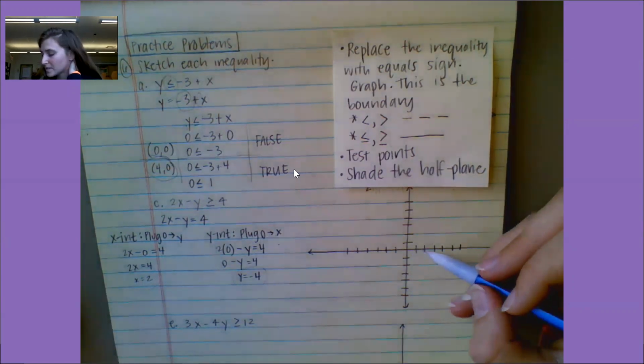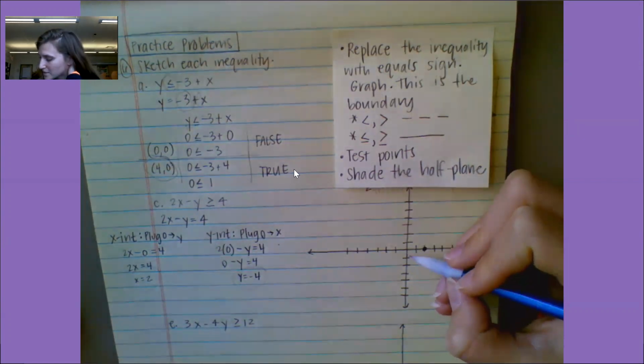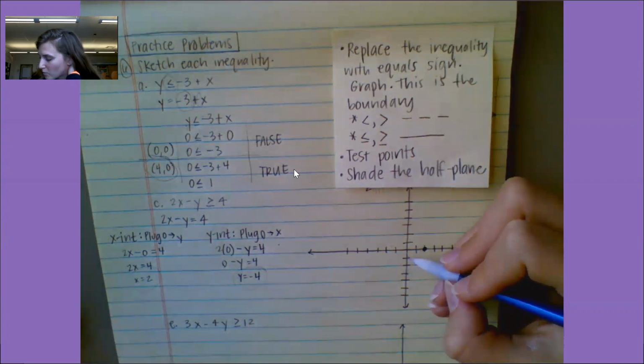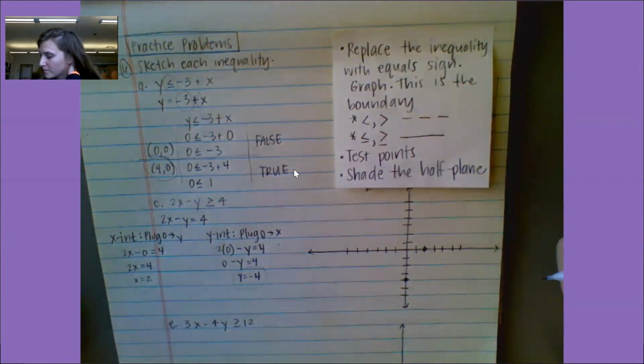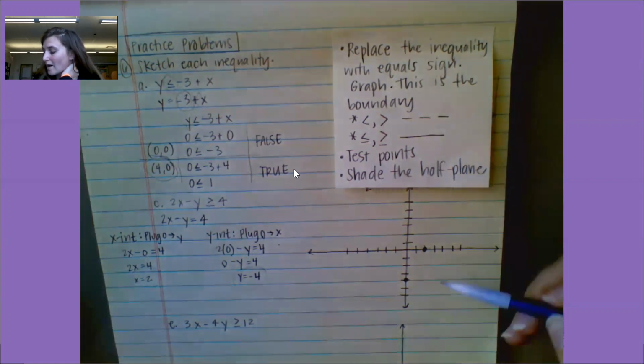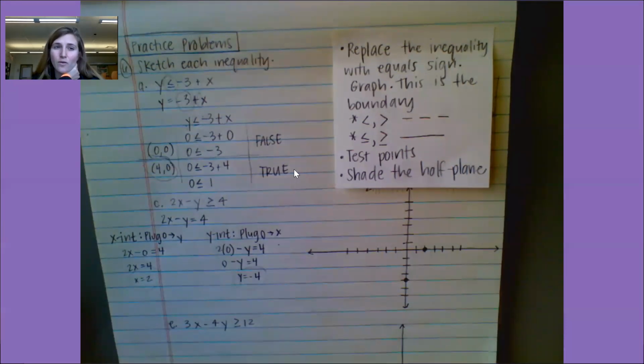So let's go ahead and graph those 2 points. My x-intercept is at 2, which is over here. My y-intercept is at negative 4, which would be right there. Now I need to graph the line. I just need to connect those 2 points and allow the line to extend out in either direction.